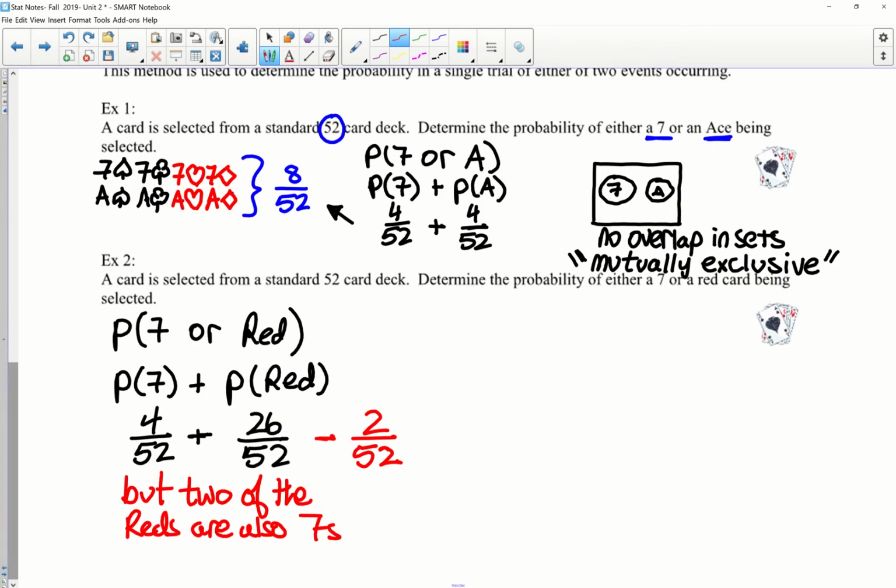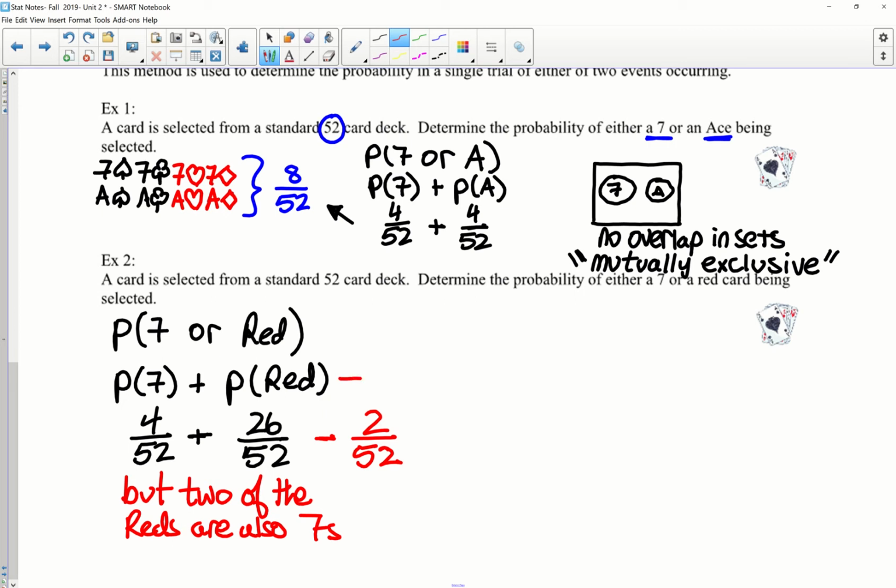So total of red cards are 26 and total of black cards are 26, which makes 52. Correct. So in your mind, change it from black and red to black and gray, or shade it all red with crayons. Anyway.